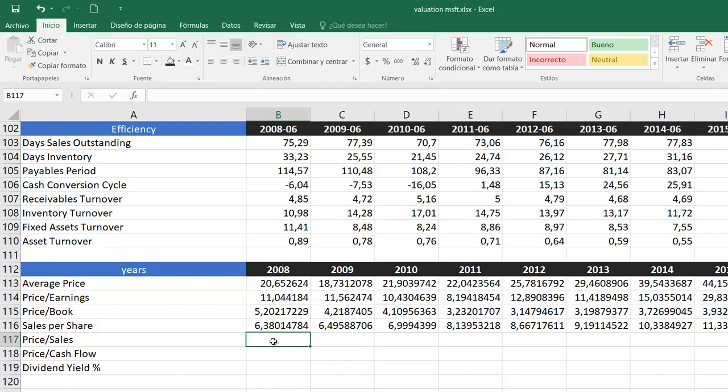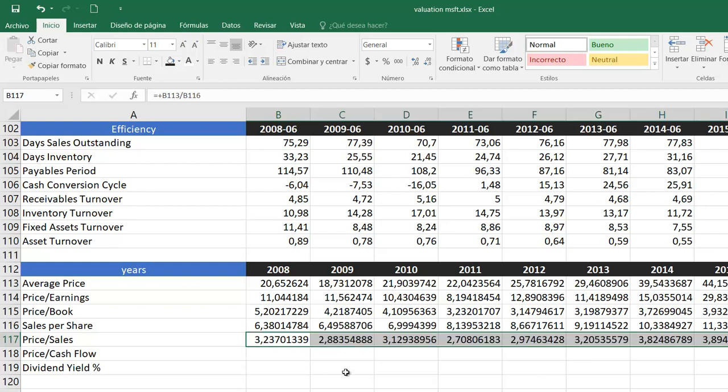And then there is the price to sales ratio, and we have the information here. We have the average price divided by the sales per share, which is right here. So it's just a division, and the number is 3, and over time it increases, right?